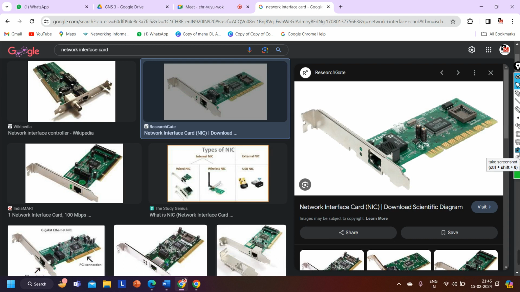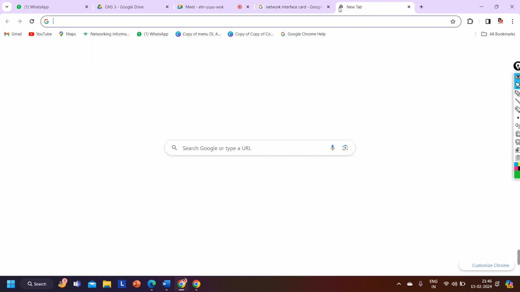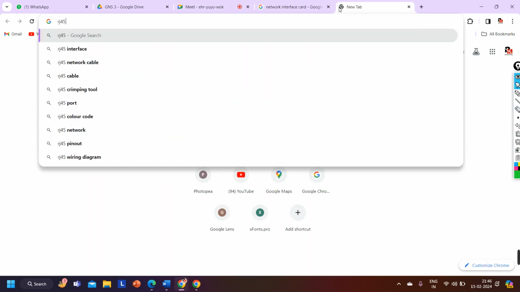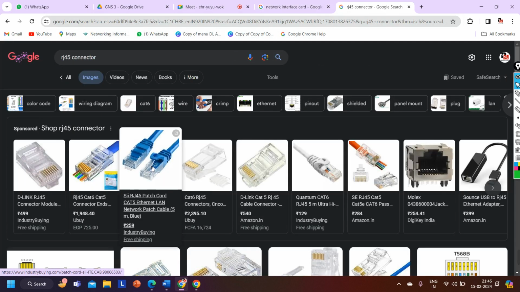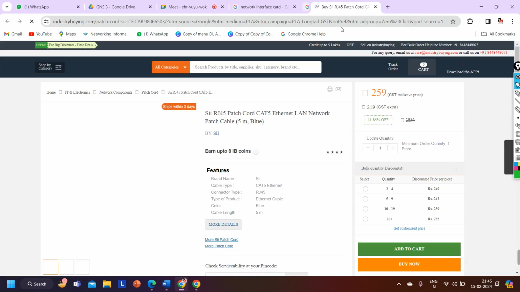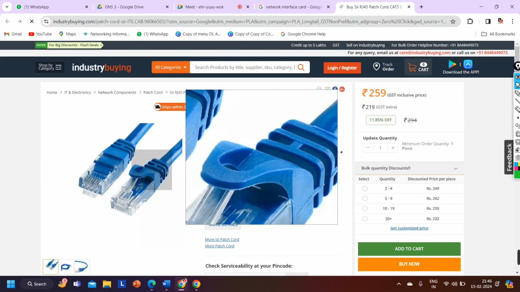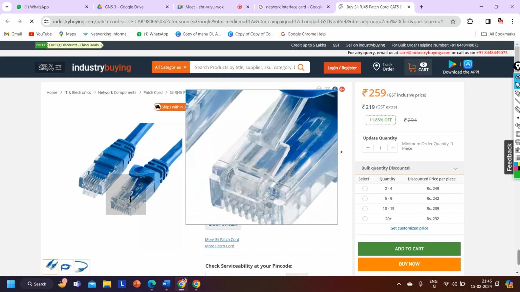But this port is for an Ethernet cable. Here you can insert an RJ45 connector. Let me show you the RJ45 connector also, like this. This is the RJ45 connector. Getting my point?